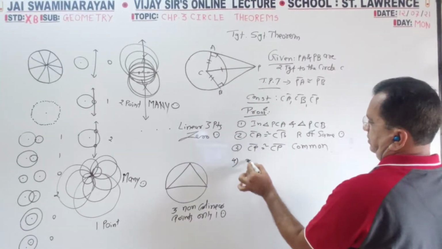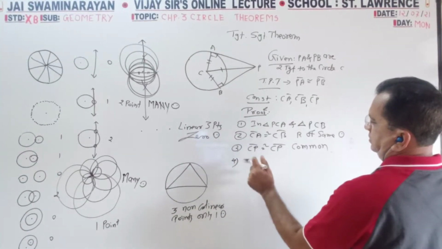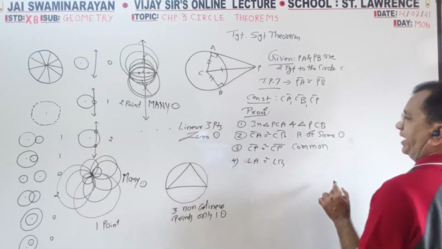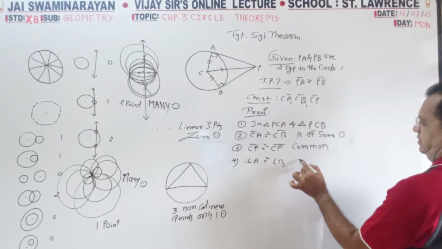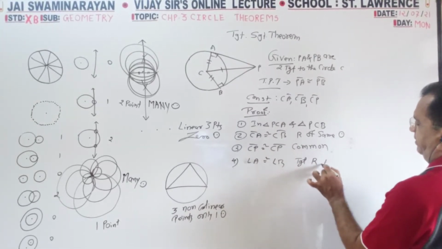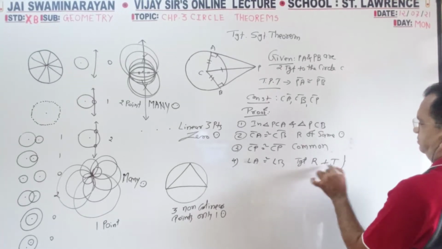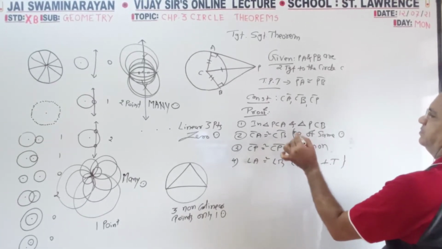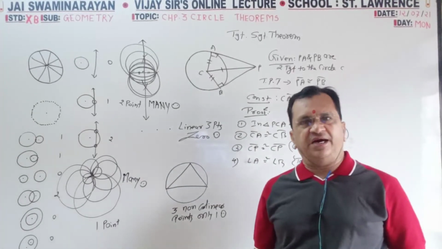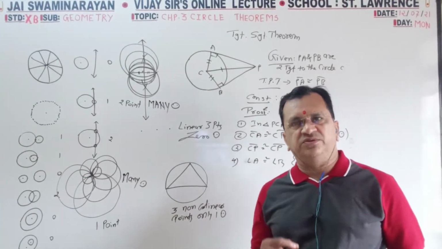And angle A is congruent to angle B. Why? Tangent radii perpendicular theorem. Tangent and radii are always perpendicular to each other.